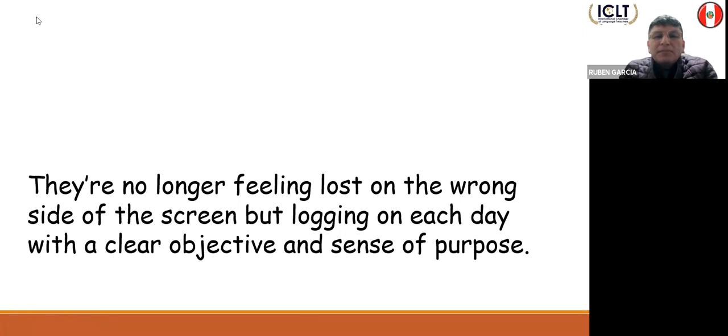The sense of purpose. How many of you have a purpose in life? Are you motivated to keep on living? Sure. So for everything you do, you need to be motivated. What is the motivation? It is the motion, the interest about something.